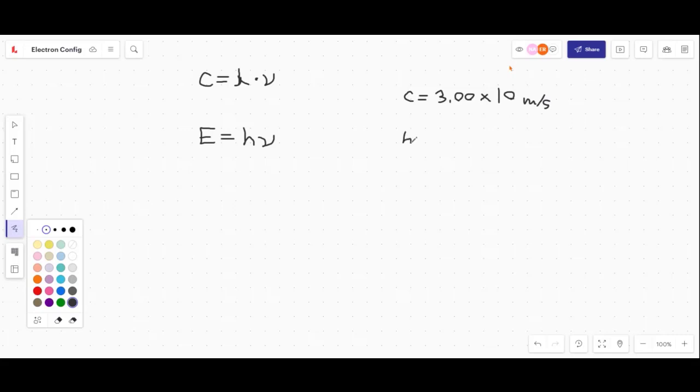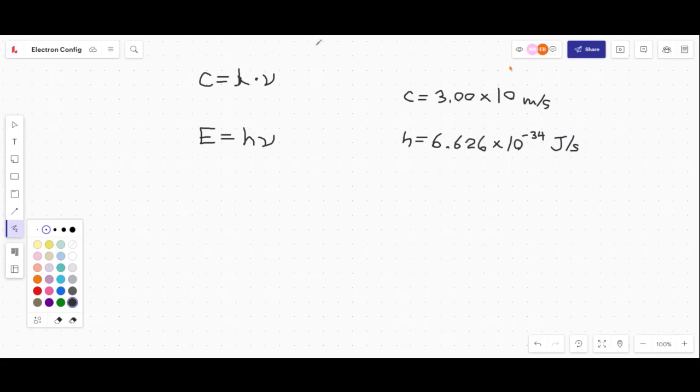And h is going to be 6.626 times 10 to the negative 34th joules per second.